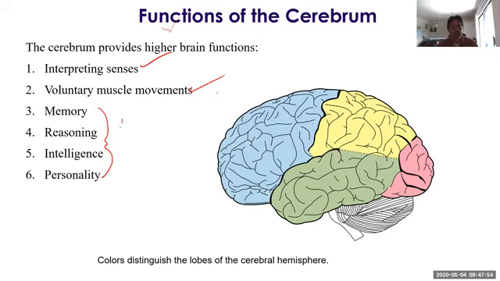Then we have what we call these association areas. When we talk about association areas, these are areas responsible for coordinating activities, functioning, planning, reasoning, higher intelligence. It allows you to know what's going on, to interpret an event. I'll talk more about these association areas as we move forward, but this is how we're going to divide the cerebrum. We'll have number one, sensory perception.